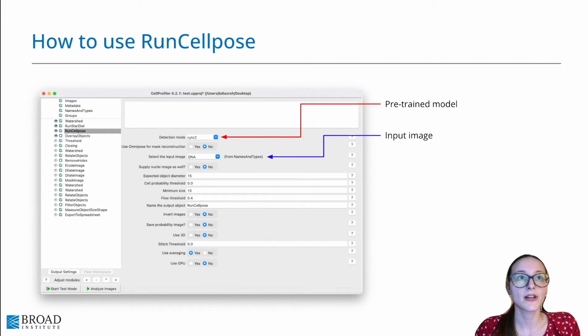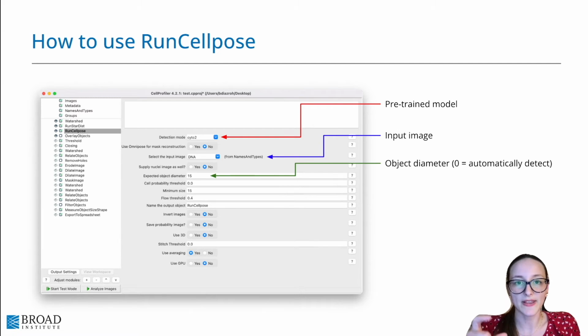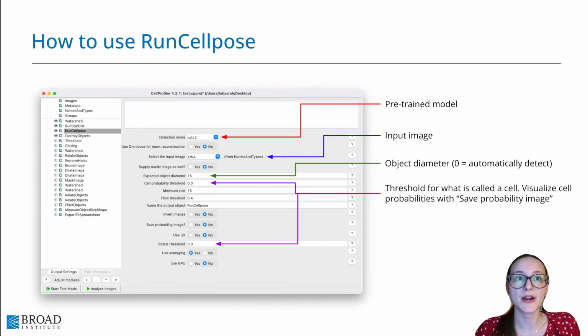Next up, we have the expected object diameter. This can just be measured with the measure tool if you open up one of your images and measure some objects. You also could leave it at 0 to have it try to automatically detect this. Below this, we have cell probability threshold and related stitch threshold.